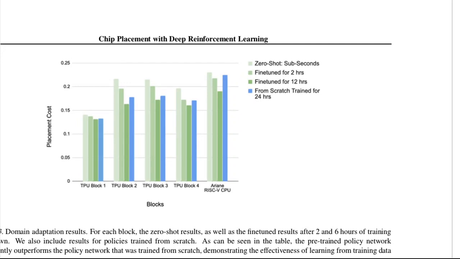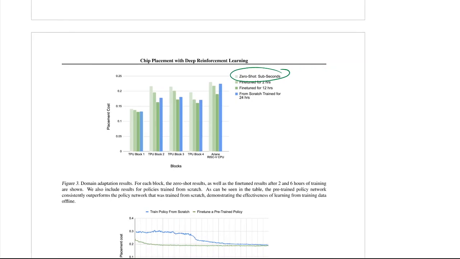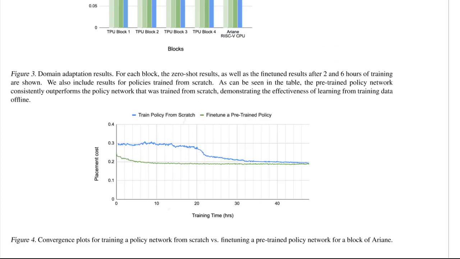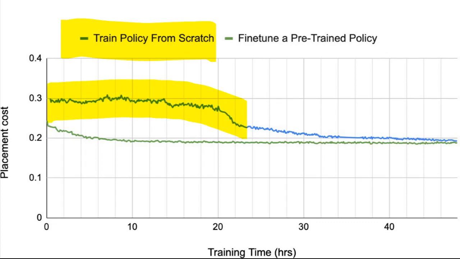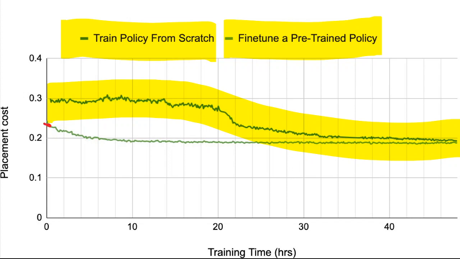Interestingly though, even zero-shot embeddings tend to be pretty good. So they don't optimize for the new thing at all, and it's already better. You can see that here. So if you train a policy from scratch, then it takes a long time. But if you fine-tune a pre-trained policy, it's much shorter. And interestingly enough, at the beginning, it is already better than the policy from scratch.